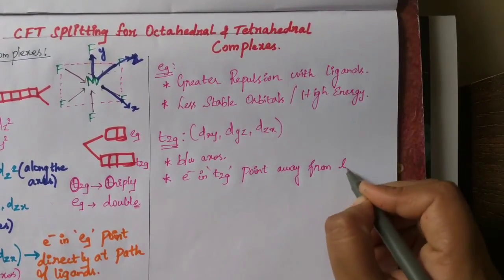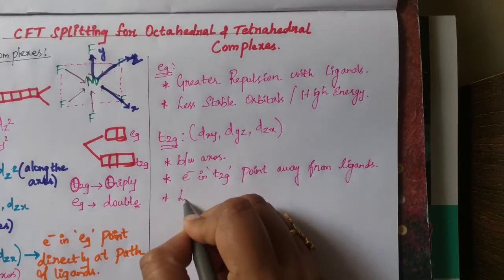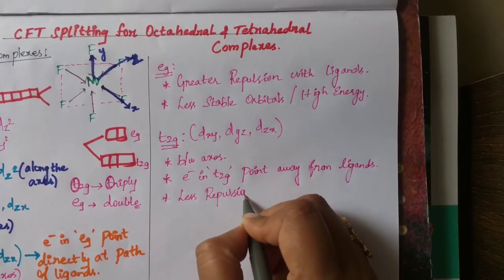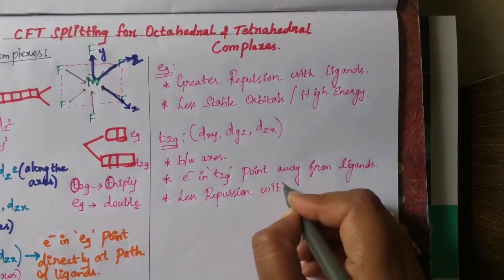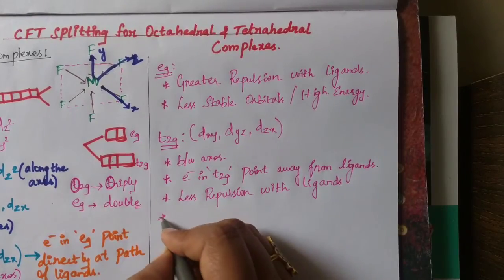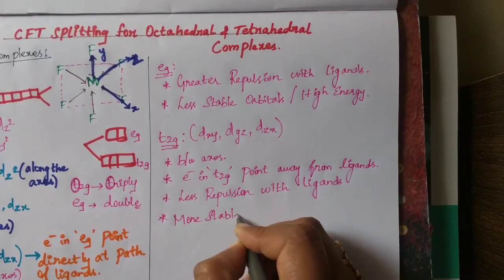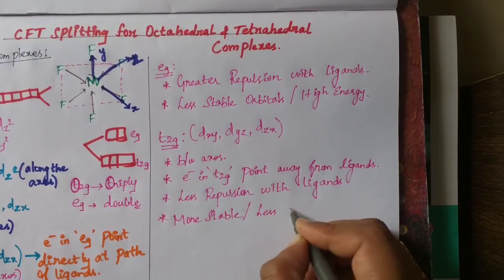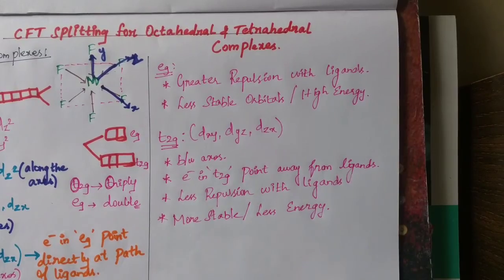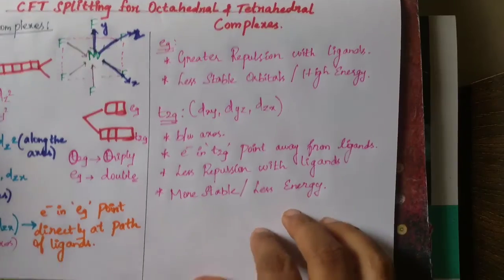When they are away from ligands, repulsion will be less. That's why it becomes more stable and the energy is less compared with Eg. Clear, students? So now you can split the d orbitals.